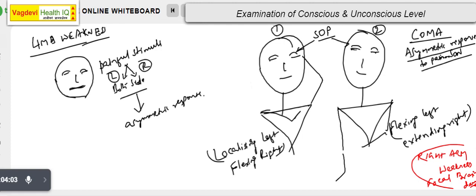Definitely there will be variation in tone, variation in responses, and variation in the respective reflexes and plantar responses of each side. That indicates purely the focal deficit. Yes, true, it is a focal deficit.